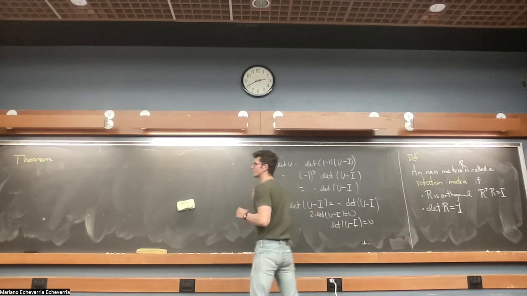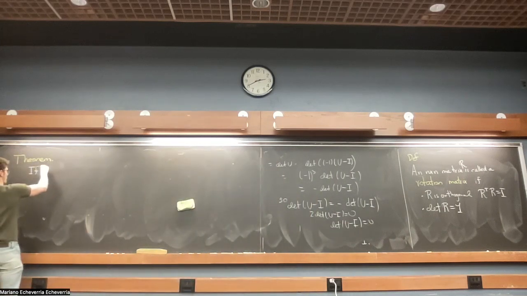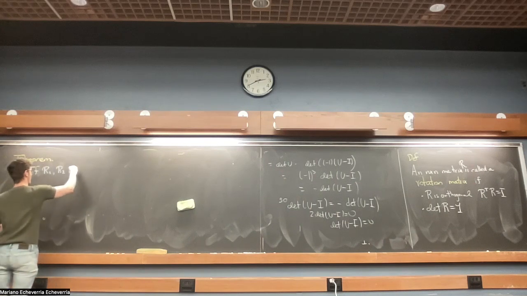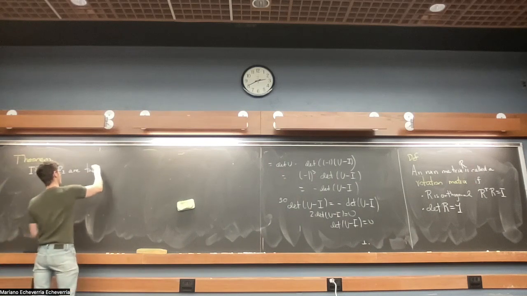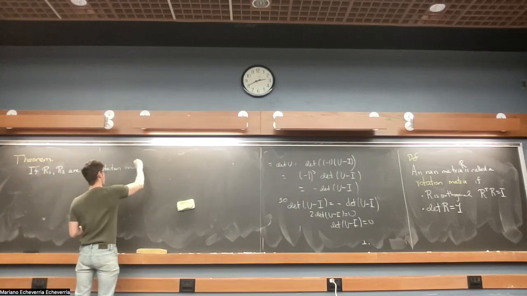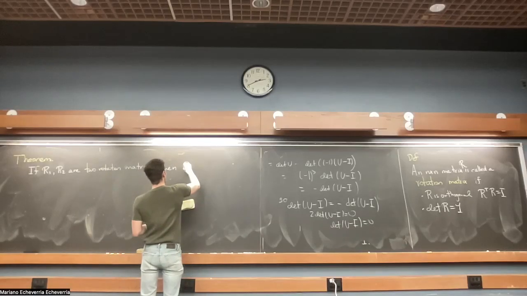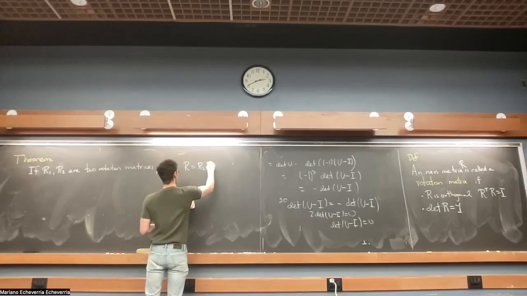If R1 and R2 are two rotation matrices, then R equals R2 R1 is a rotation matrix.